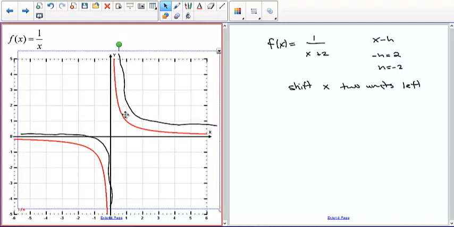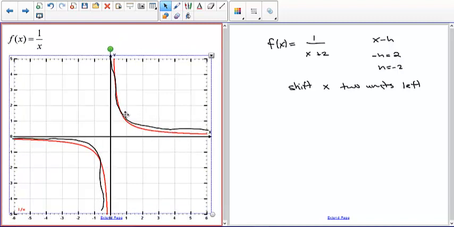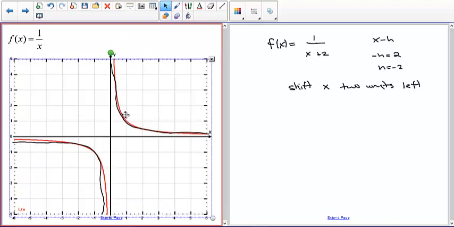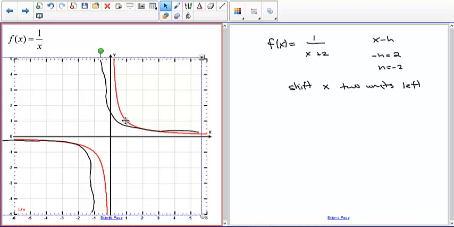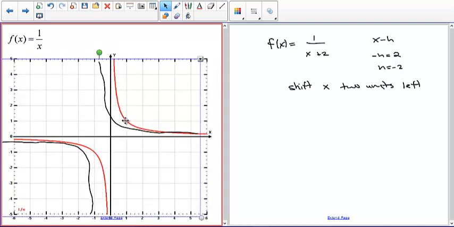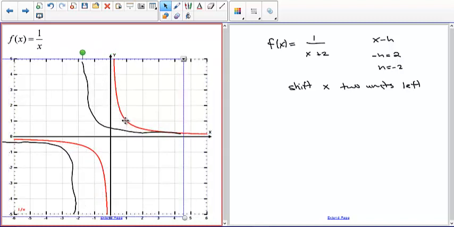So now I can take that. What's going to happen here is this curve stays exactly the same, but it's going to be shifted 2 units to the left. So I take this and I move it 2 units to the left. So 1, 2, and you'll notice that if I draw an axis here and an axis there, you can see everything's moved over 2 units.